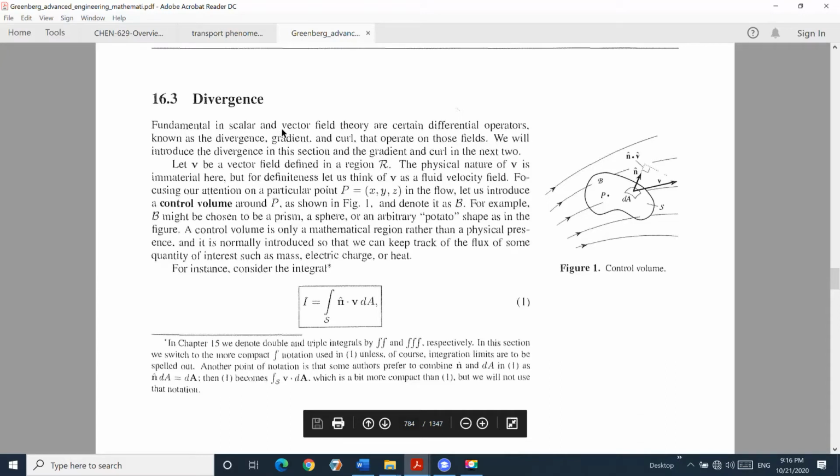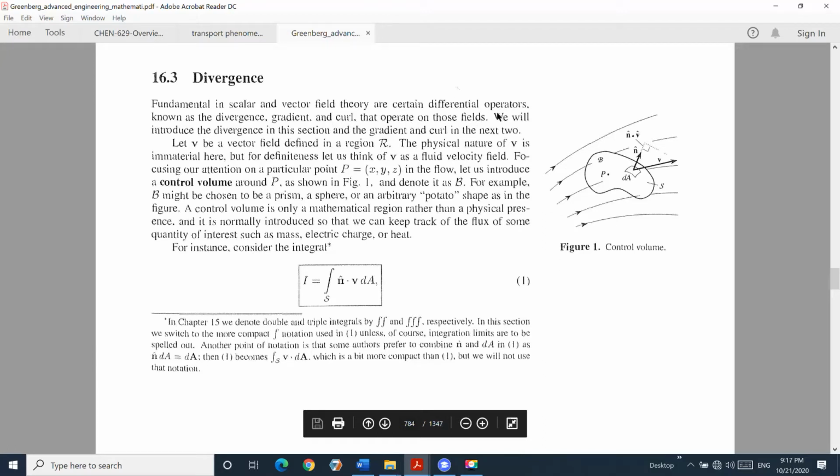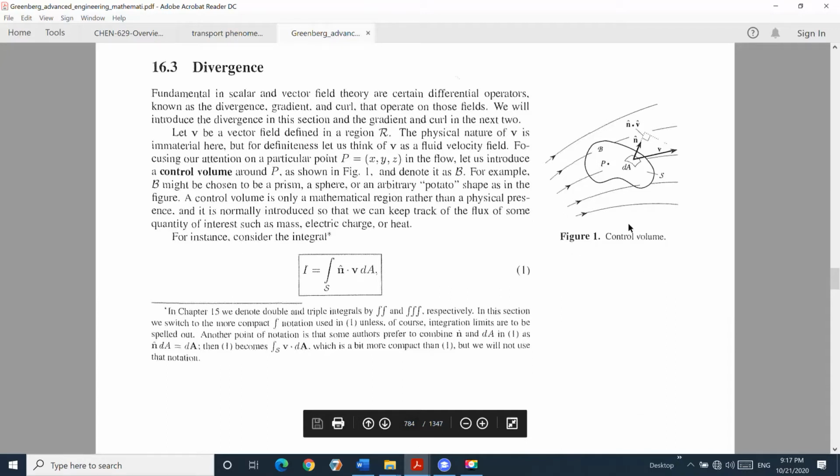The fundamental scalar and vector field theory uses certain differential operators known as divergence, gradient, and curl. They operate on these fields, vector fields. You see any control volume here. Let V be a vector field defined in the region R. The physical nature of V is material here, but for definiteness, let us think of V as a fluid velocity field.